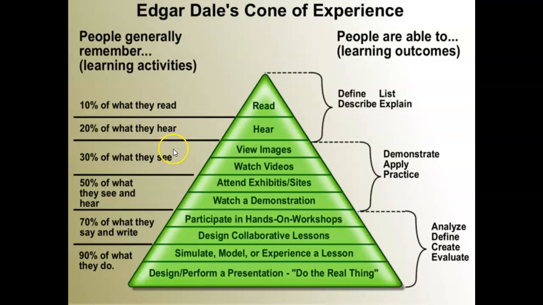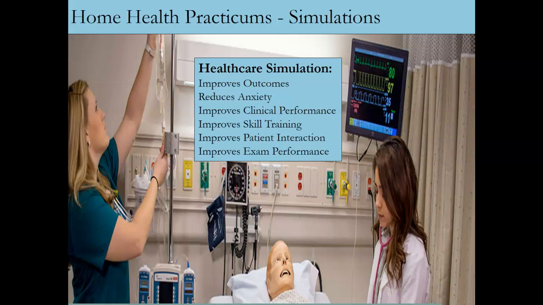Starts to improve what you see, but it really clicks in 70-90% when you're doing it and writing it, hands-on, designing, participating, simulating, modeling, experiencing, performing. That's what you're going to be doing in this class. If you like that kind of class, kind of like we did in 300, to a degree, you're going to get a lot more of that in this class.